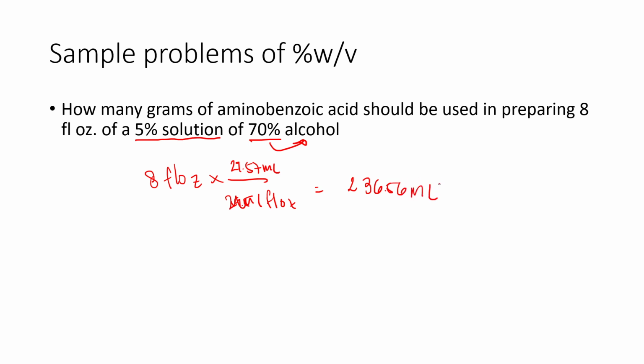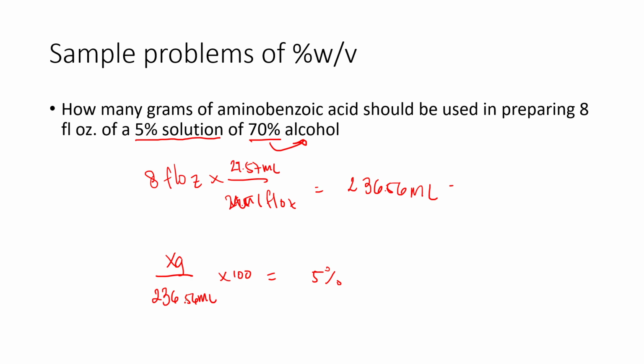Now, 5% is needed. So, what is missing is x grams over 236.56 ml times 100. Don't forget the 100. Equals a 5% solution.